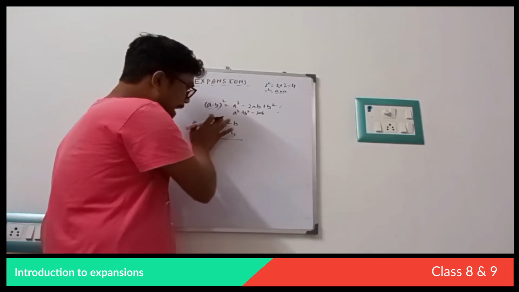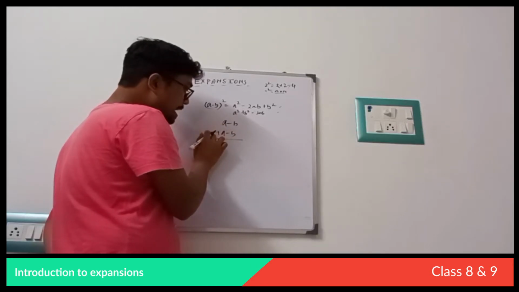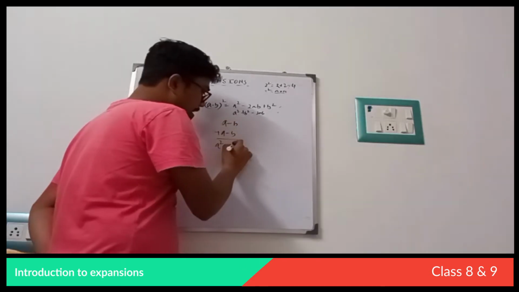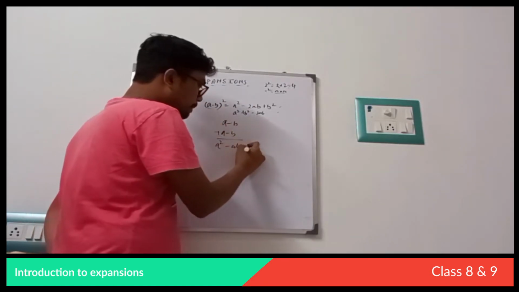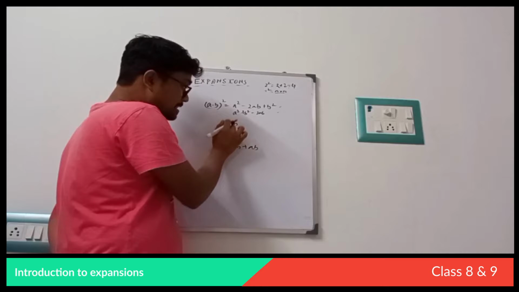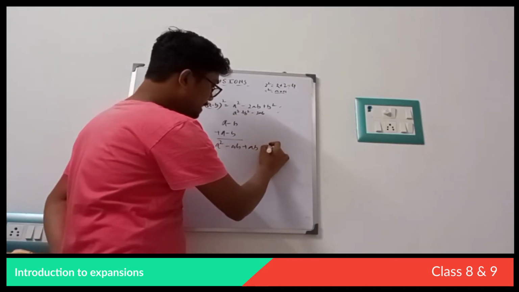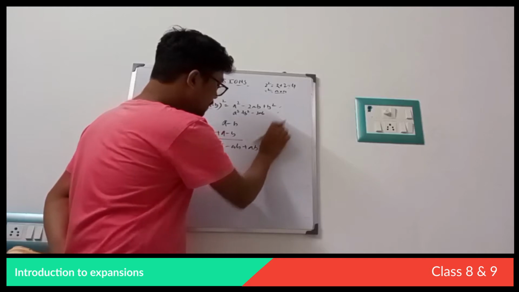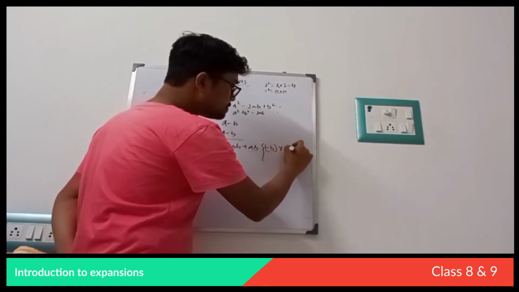We get a into a, a square, plus a into minus b, that means minus ab, then minus b into plus a, that is minus ab, then minus b into minus b.